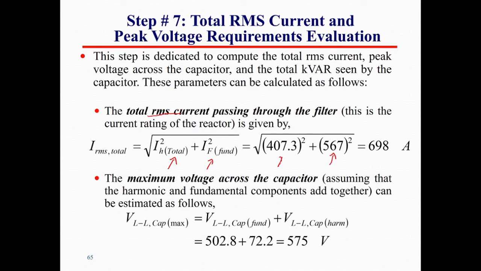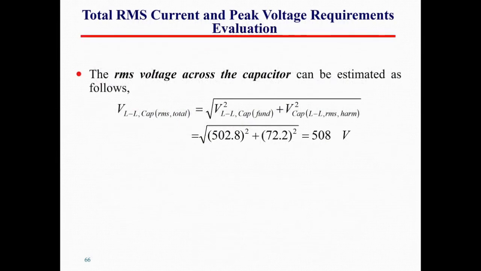We can also calculate the maximum voltage across the capacitor. We have the fundamental voltage and the harmonic voltage, right? Those will be added. We can also calculate the root mean square value of the voltage across the capacitor, line to line.